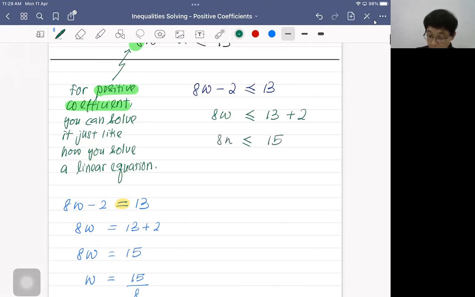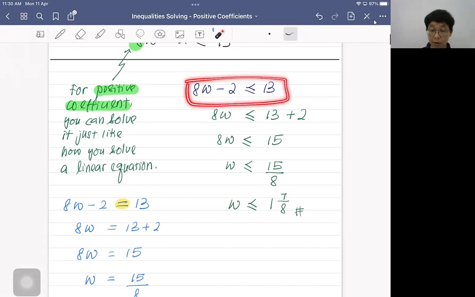Then you divide both sides by 8, and you will get 15 over 8. And therefore w is less than or equal to 15 over 8. That's it. You have concluded the answer. So w will be any value that is equal to 15 over 8, or any value that is lesser, in order to produce a true statement. You can test this out and check it out.